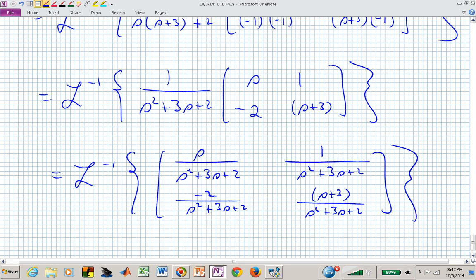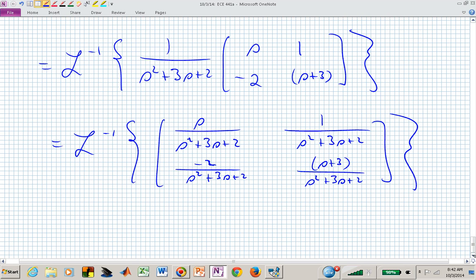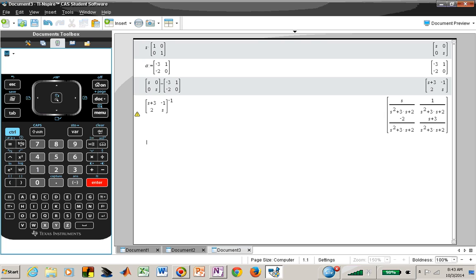In doing that, what are you maybe queuing on? You might like to know, what are the roots of the denominator? Are they real? Are they complex? In this case, I think we can actually factor that mentally. We have s plus 1 times s plus 2. But if we couldn't see that, if it's an intense time during the exam, you could say, oh, let me see if I can find it.